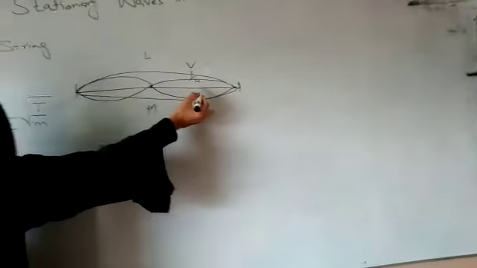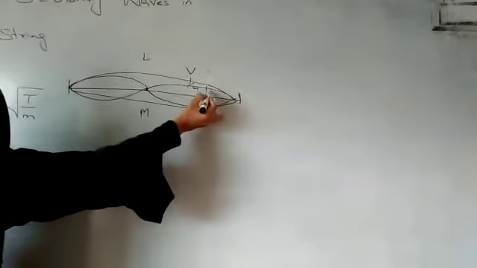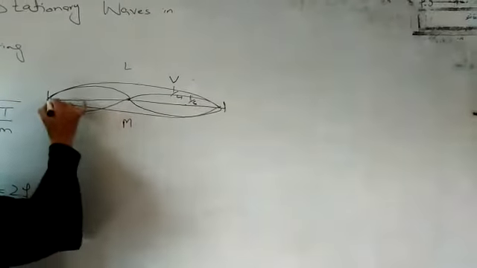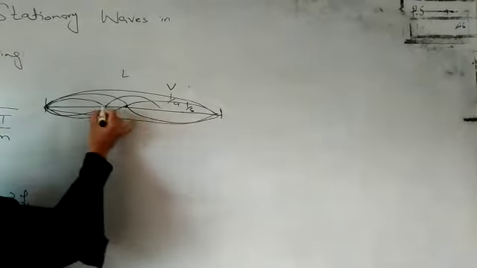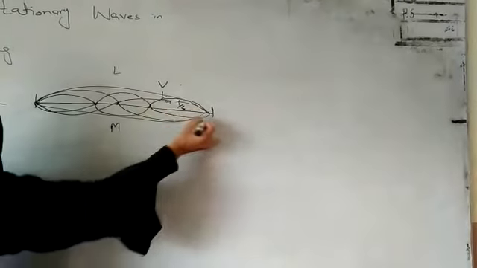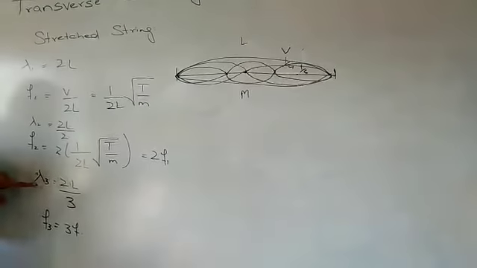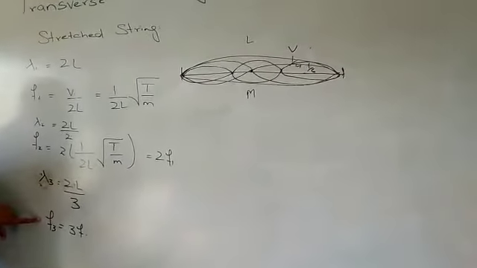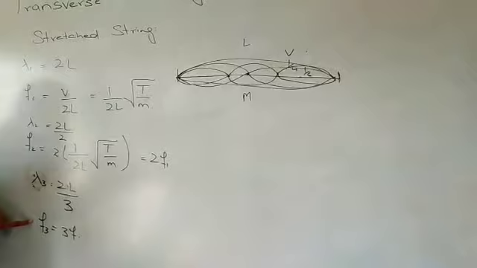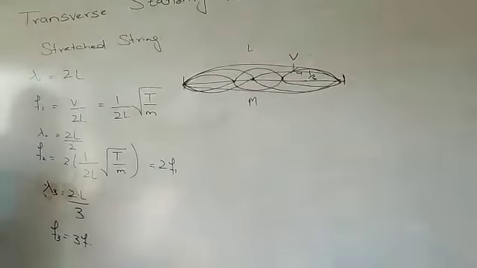In the third case, we pluck the string at 1/6 part such that the whole string vibrates in 3 loops. We also find the expression for wavelength and frequency of the stationary wave generated in a string when plucked at 1/6 part.